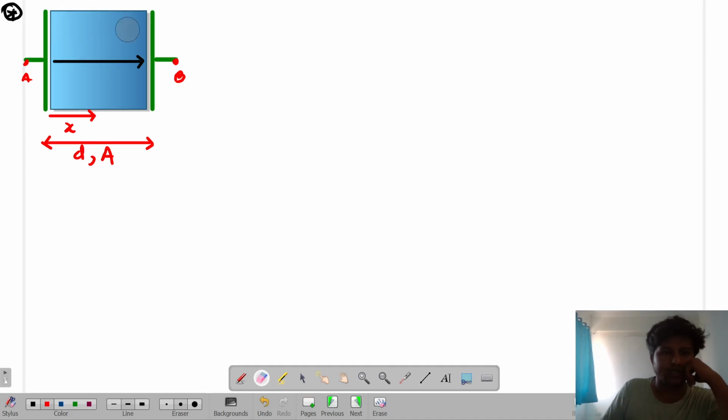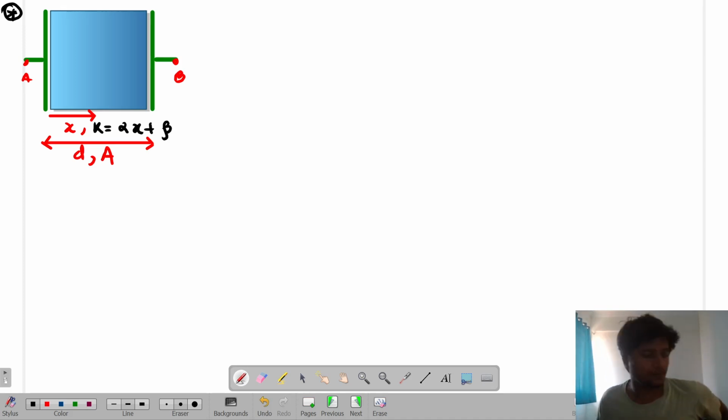Yeah, so I'll write it down. One minute. So here K is varying as alpha x plus beta. Then you have to find the capacitance.